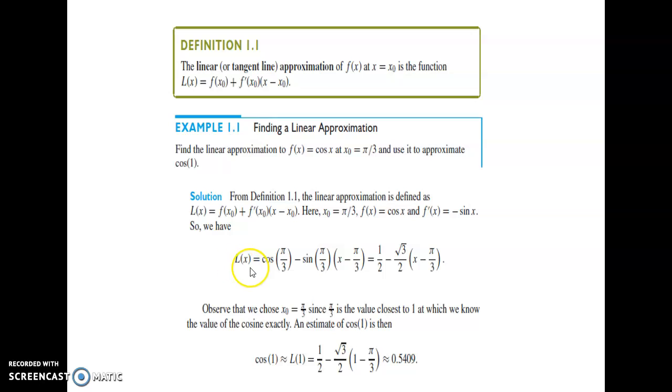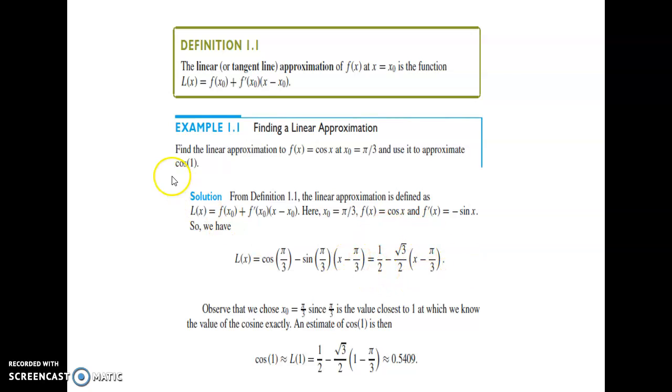You get L of x is equal to cos pi by 3 minus sin pi by 3 times x minus pi by 3. So find the value of this and this by calculator using the radian mode, then I get this. So this is the linear approximation of cos x at x naught equal to pi by 3.